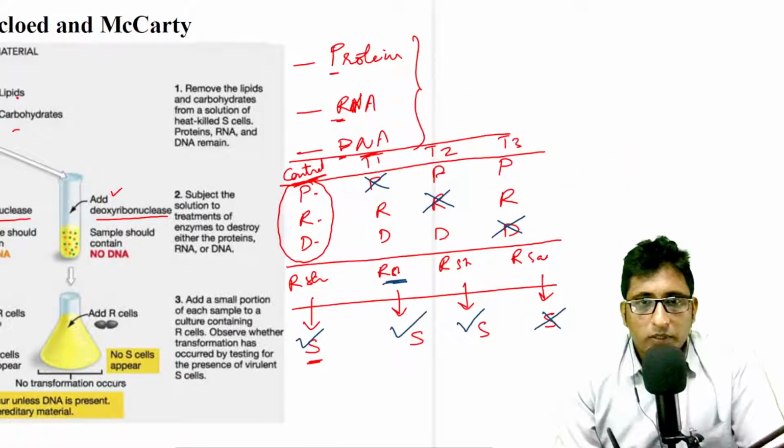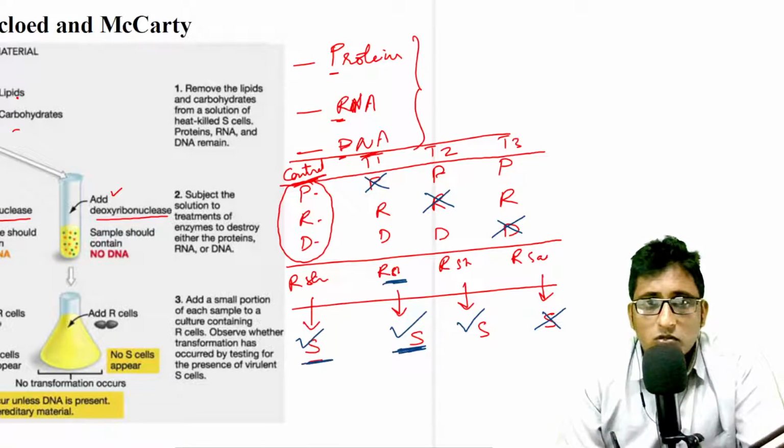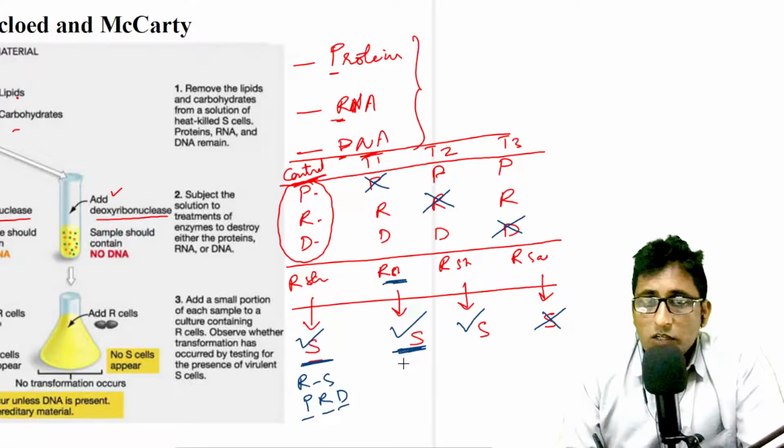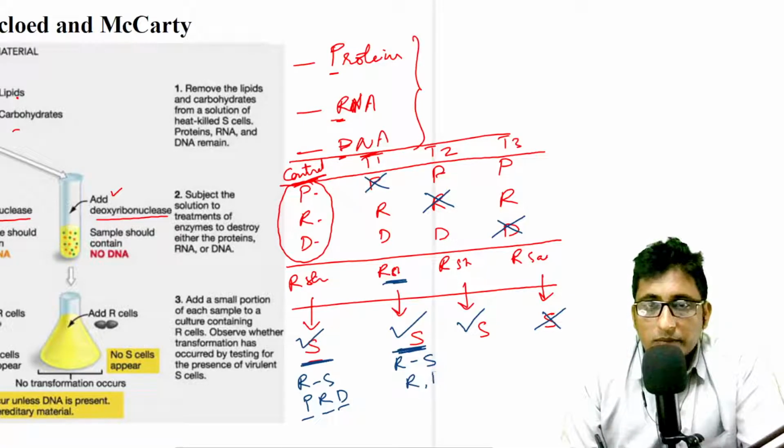In this observation from the control, it shows that yes, R strain can become S strain in the presence of proteins, RNA, and DNA. In T1, the result says R strain can become S strain in the presence of RNA and DNA.